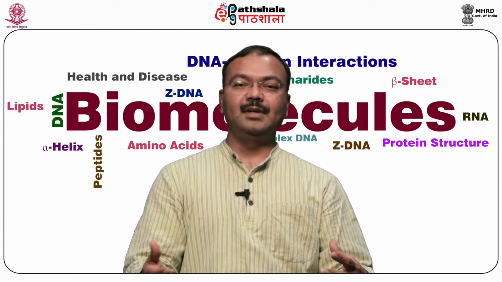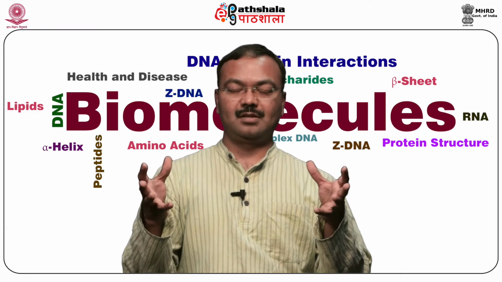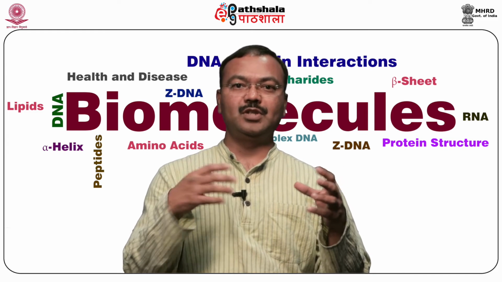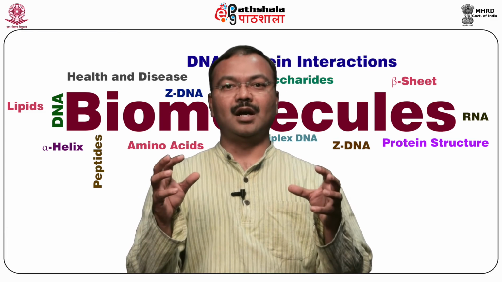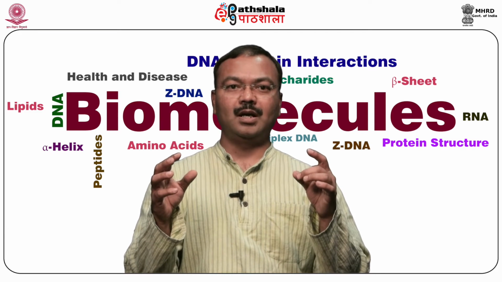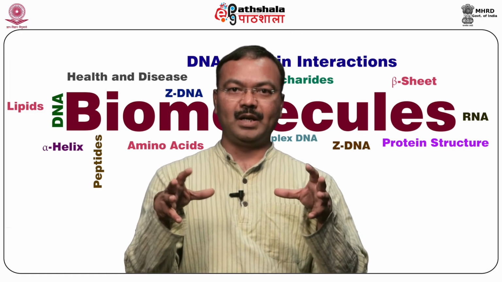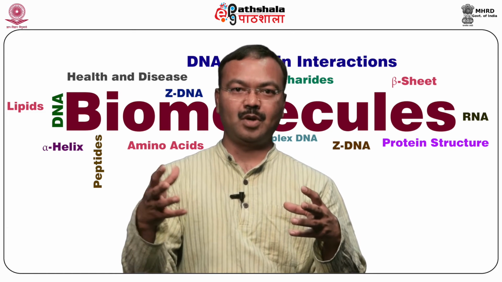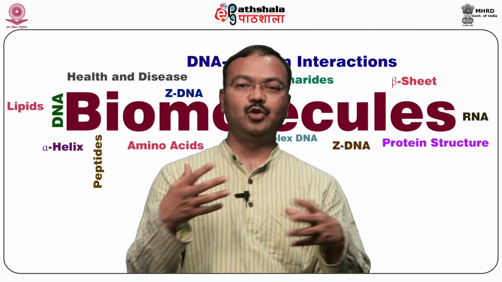Structure of G-actin. As I described in the earlier slide, G-actin has 4 domains, 1, 2, 3, 4. The 1 and 3 are larger domains and 2 and 4 are smaller domains. All these 4 domains are stabilized by hydrogen bonds, salt bridges, and phosphate groups of ATP.